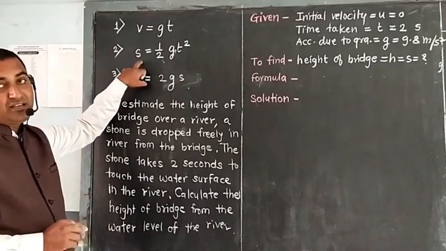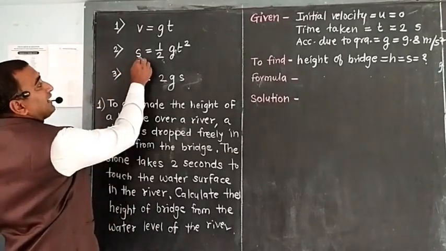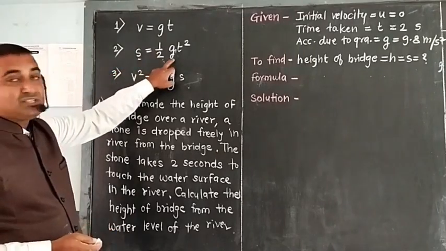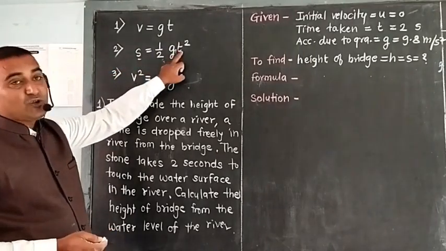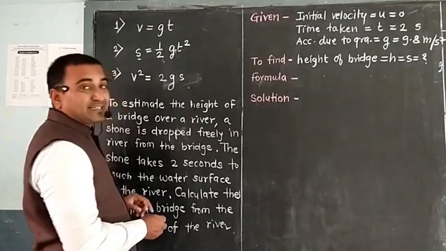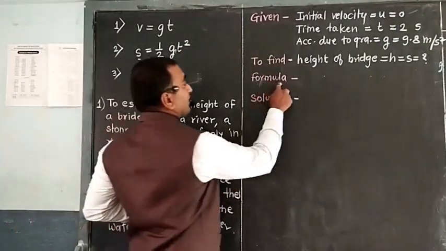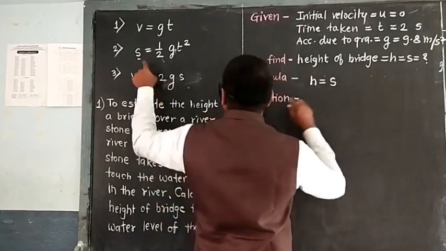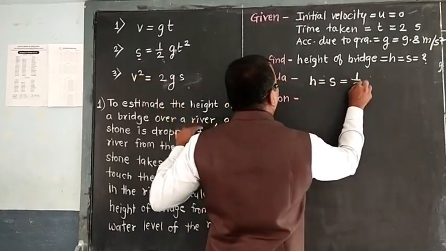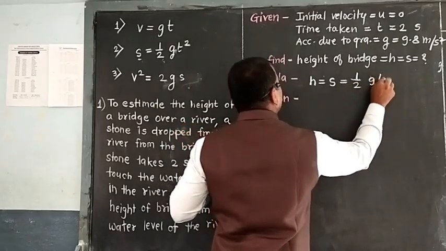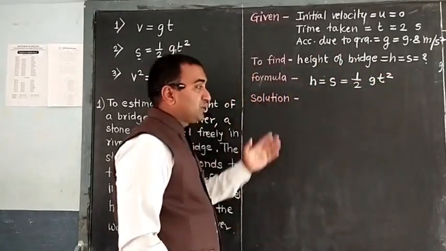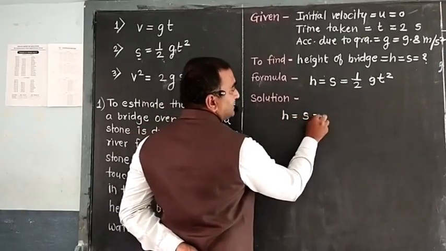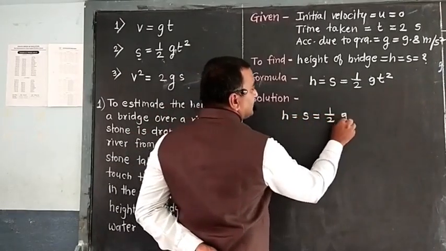The second formula, because we have to find s, the height, and g is 9.8 and time is also given. So h = s = 1/2 gt².